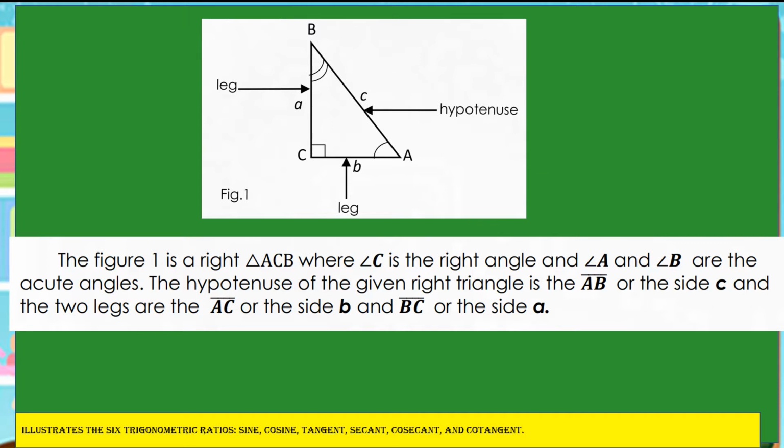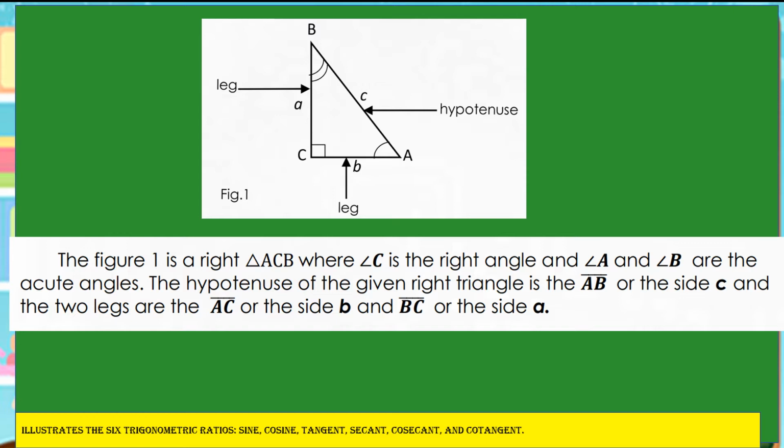In figure 1, as you can see, it is a right triangle ACB, where angle C is the right angle and angle A and angle B are the two acute angles.